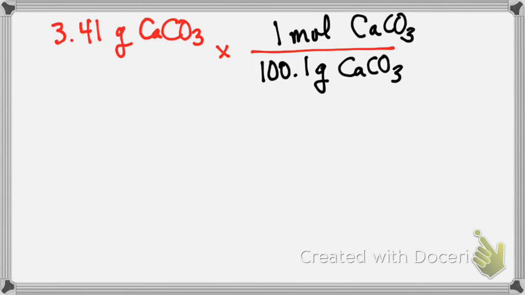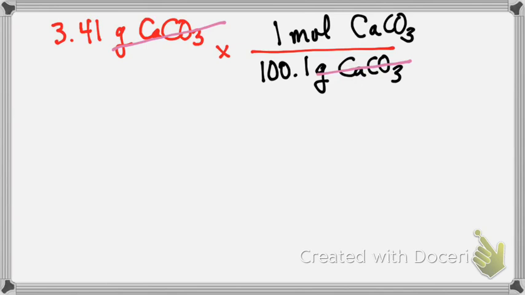Essentially, I'm multiplying by 1. Since 1 mole is equal to 100.1 grams of calcium carbonate, I'm multiplying by 1. And in the process, I'm changing the unit and I'm changing the number.